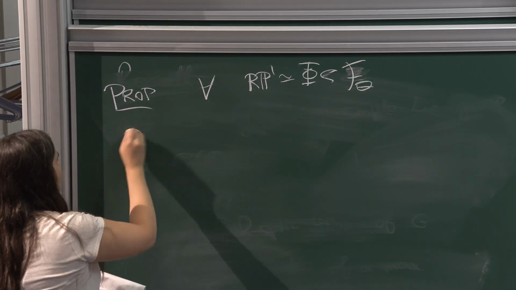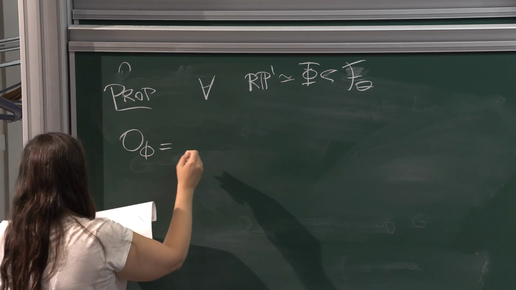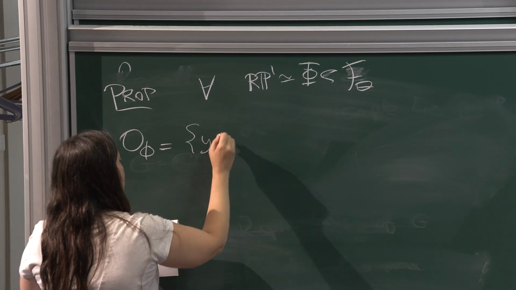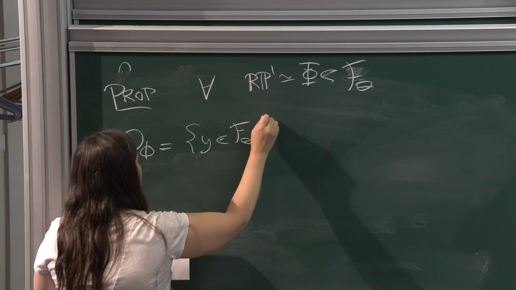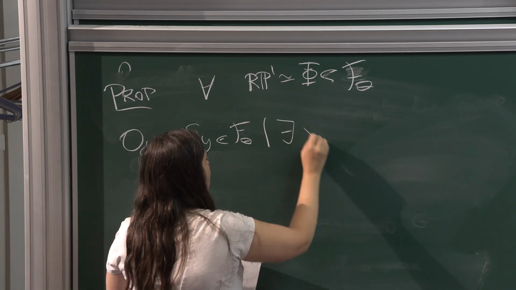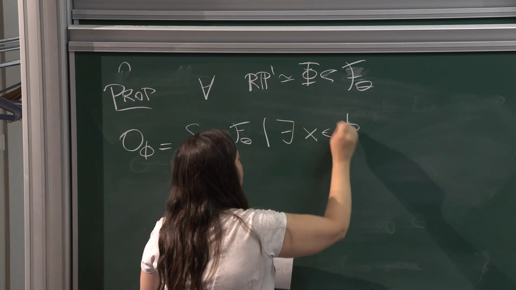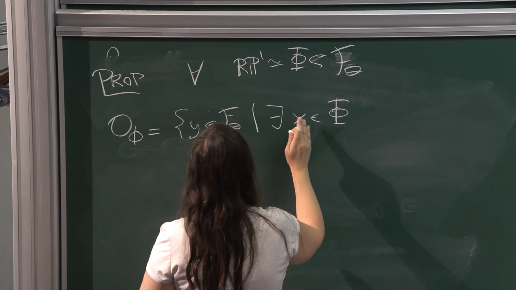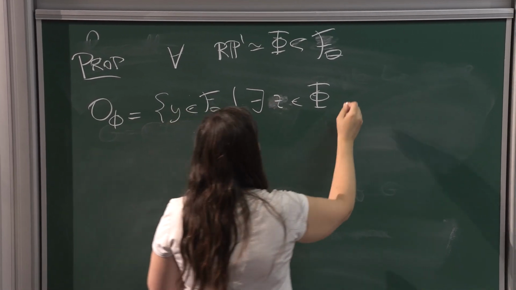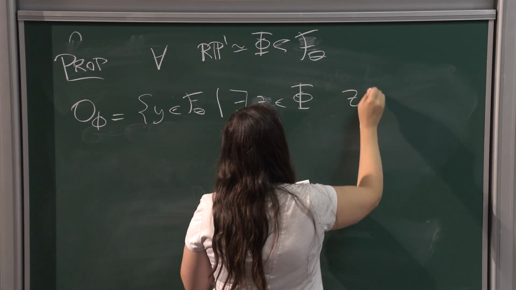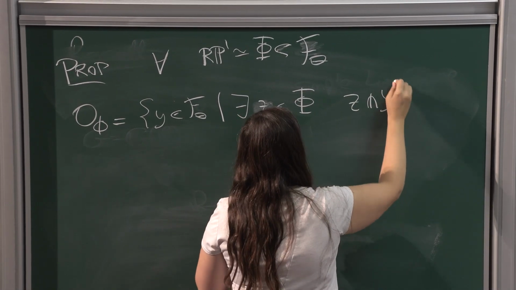then I can define a big set O phi, which is the points in f theta such that there exists a point z in the photon, transverse to y.